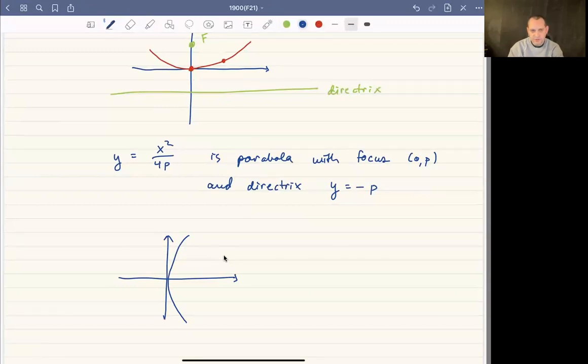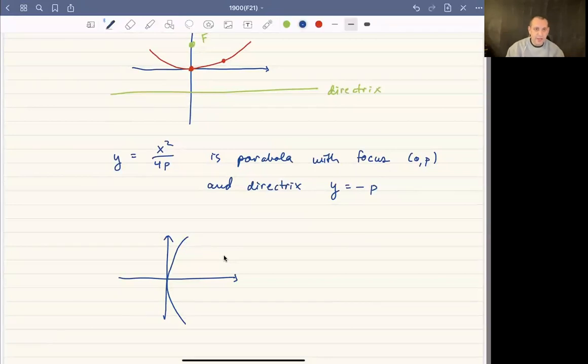I guess we dealt with circles in general, so I'm not going to say anything more there, but ellipses centered at the origin. Here, parabolas where the vertex, the bottom point or top point of the parabola, is at the origin. And then we'll talk about shifted conics later. What happens when you take this curve and shift it all over the plane? We'll talk about how to deal with those, but first we'll deal with unshifted.